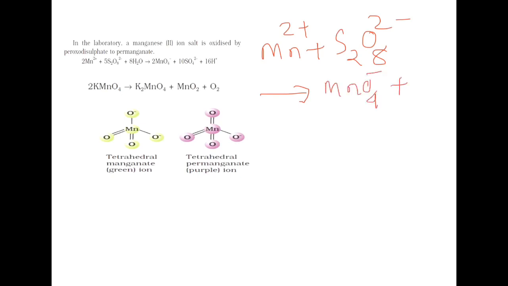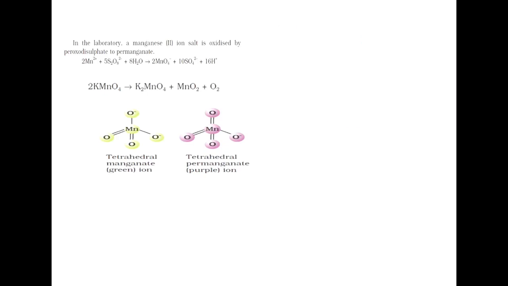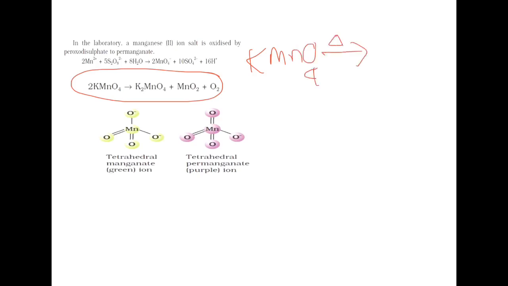This is the laboratory method of preparation of permanganate. Potassium permanganate undergoes decomposition by the action of heat, converting to potassium manganate plus manganese dioxide plus oxygen. So oxygen can be prepared by heating potassium permanganate.